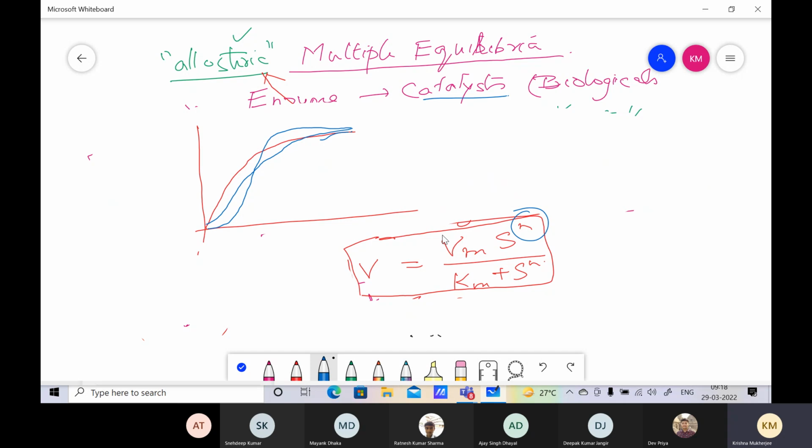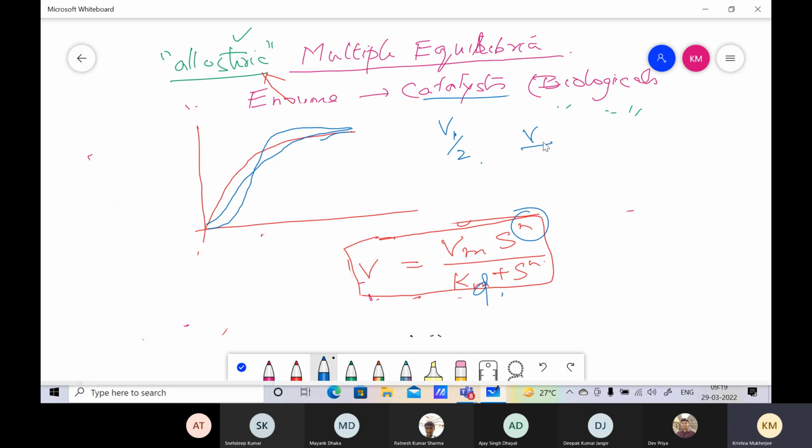So you can see that, what is the half of the maximum velocity for this? What is V half? When is V equal to V half? So if this is Km, or as a matter of fact Kd. So when is V equal to V half?